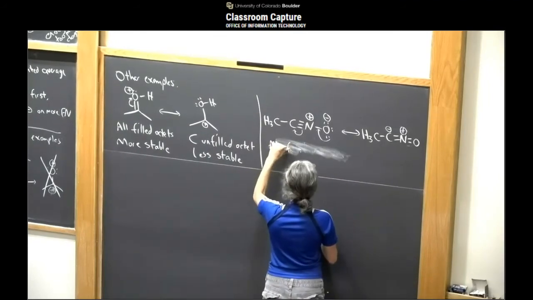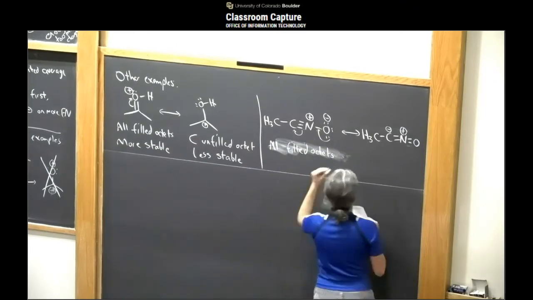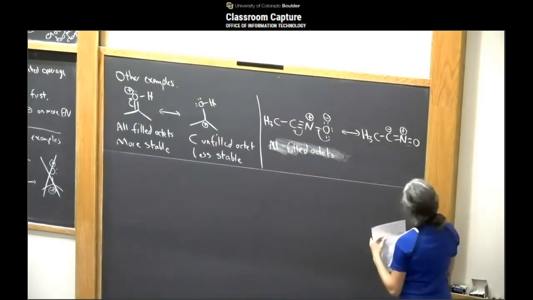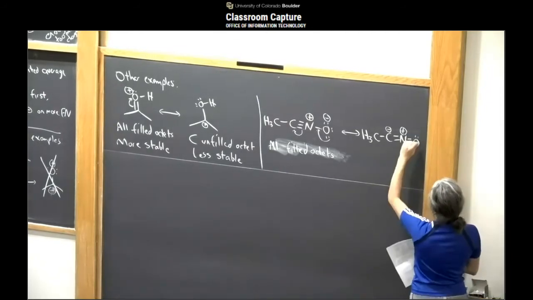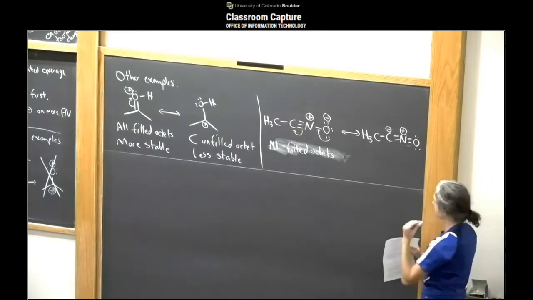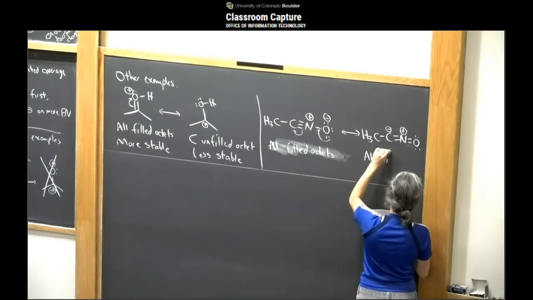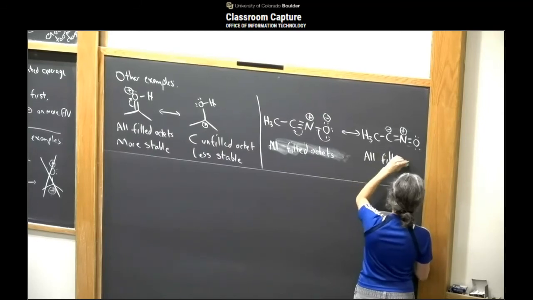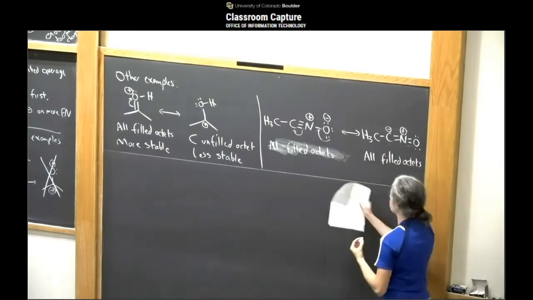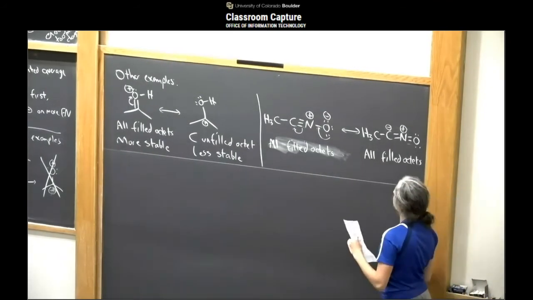So all filled octets. Compared to this one, how many unfilled octets are there in here? 0, yep. So this is a different example from the notes. I'll put that one up next. But if you're following along, we can do multiple things to this form, and I'm just showing one specific example.